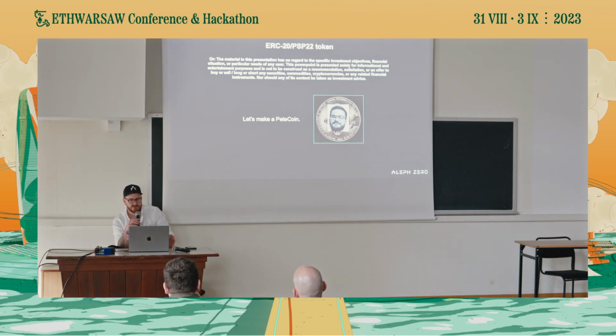So like your regular garden variety fungible token. And I'm calling it Petecoin because I thought it was funny. And well, I do quite a lot of these presentations, and someone actually already made a Petecoin, and I think even on the mainnet. So they kind of stole my joke, but it's okay.